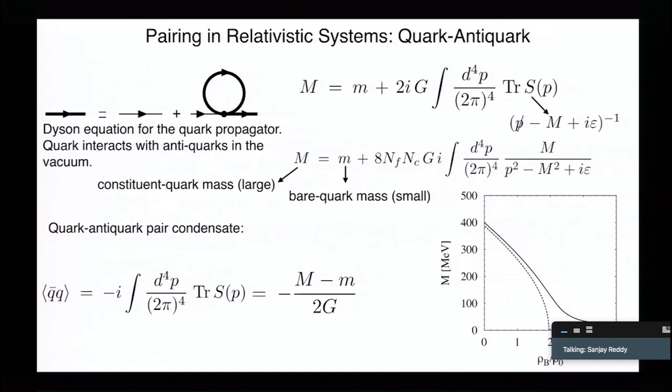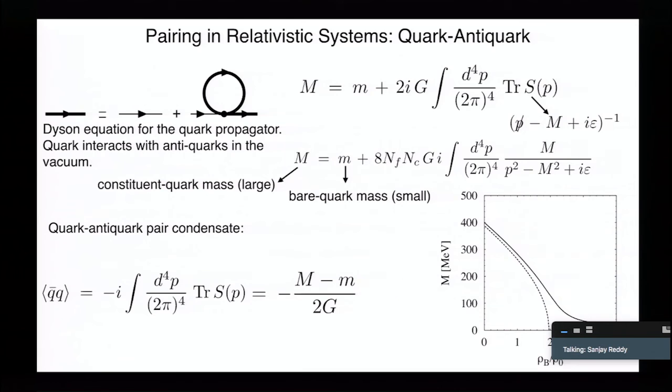But as you go to higher densities, this integral is suppressed, and the constituent quark mass becomes smaller, and eventually it becomes equal to the bare quark mass. So one expectation is that as you increase density, we expect the chiral condensate, the Q bar Q condensate, to decrease because all of these states are occupied.